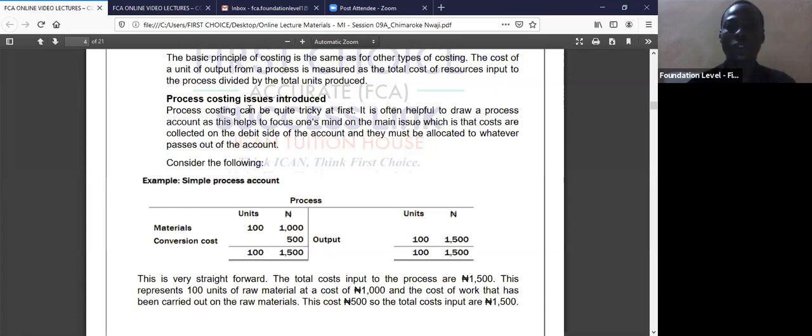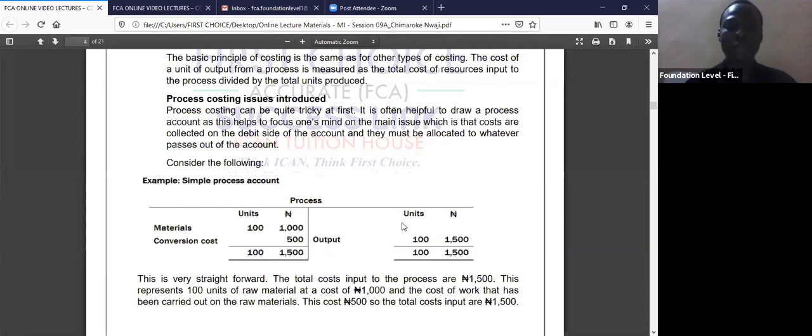So your production cost is debited, while the other things are credited. Some of the things that are debited include material and conversion costs. Then the things that are credited is the output when you have put them into finished goods.